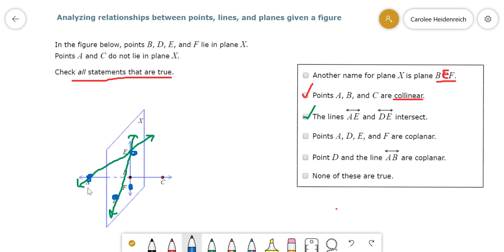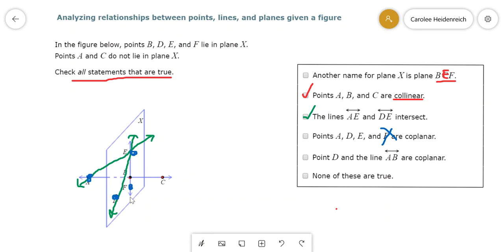Now, like what I was saying about 2 points creating a line, any 3 points can create a plane. So even if they had left off F and said A, D, and E, and they only gave us those 3 points, we could draw a plane through those 3 points. It would be something kind of like this.